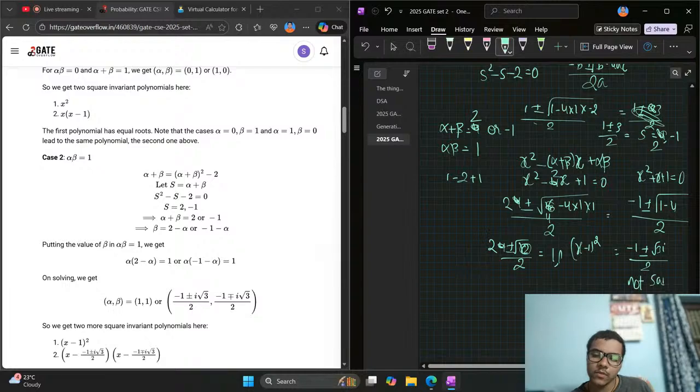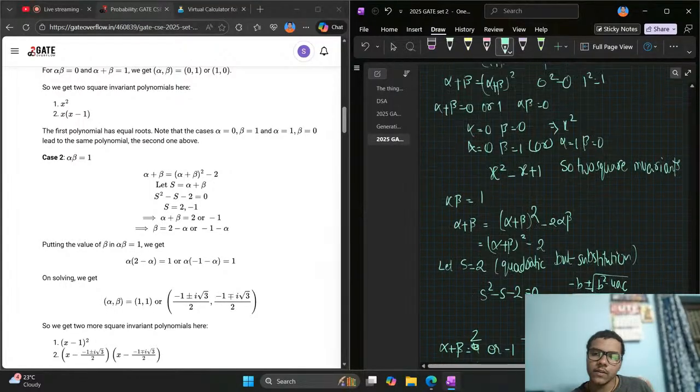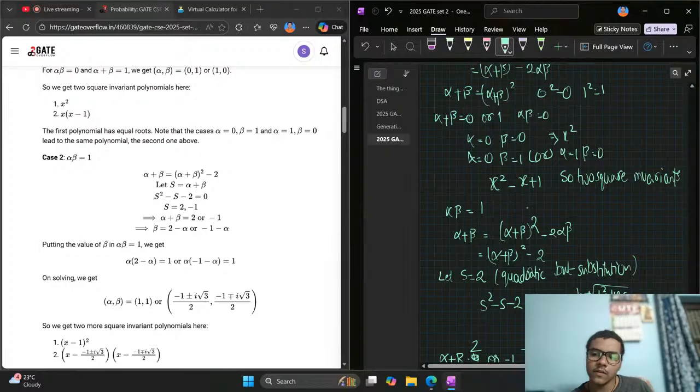Not same. Don't bother about it. 1 1, this is same. x square. How many possibilities? It will give one polynomial, and this one.